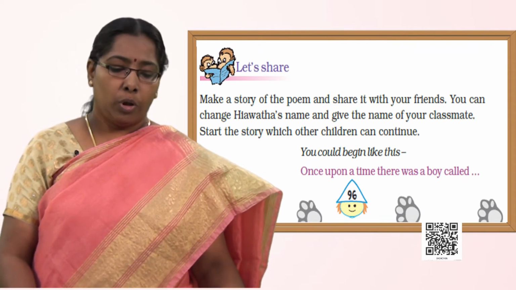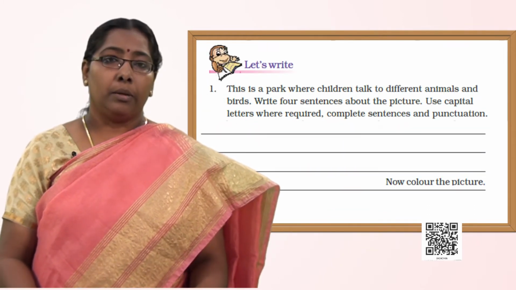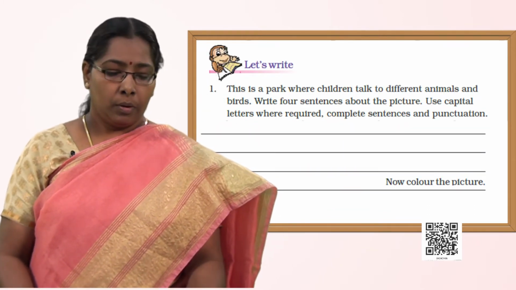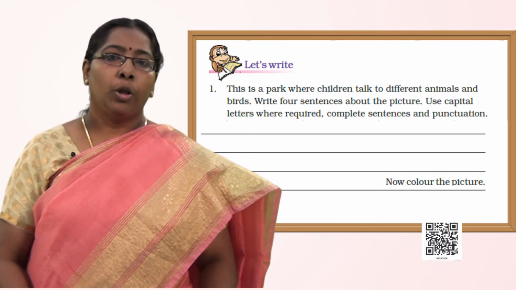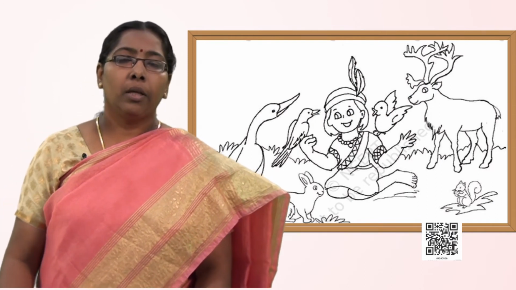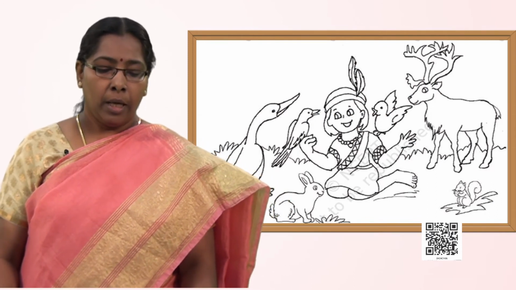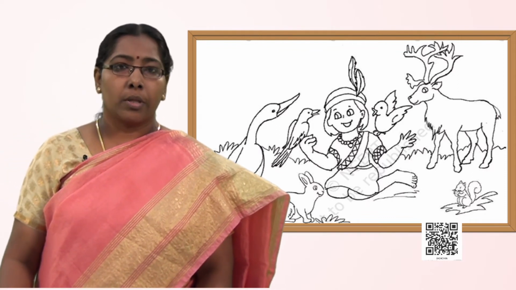We will move on to the next task, page 113. Here we have to write. It's a writing task. You can see a picture there where children are sitting in the park and talking to different animals and birds.